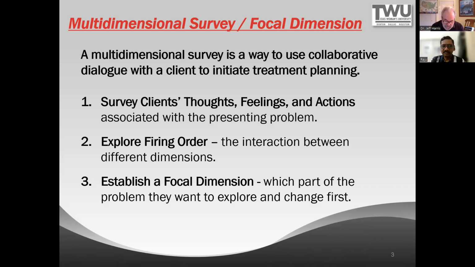Then Raju described the thoughts, and there was a real specific one: I'm going to speak faster and make mistakes. And two more general ones: people won't be interested in me and they won't take me seriously. That led to avoidance, and Raju started by saying he avoids meeting new people, and then he said, oh, but I avoid friends too. And then a more specific behavior, that when he has social invitations, he makes excuses to decline those invitations. So that's a more specific example of an avoidance behavior.